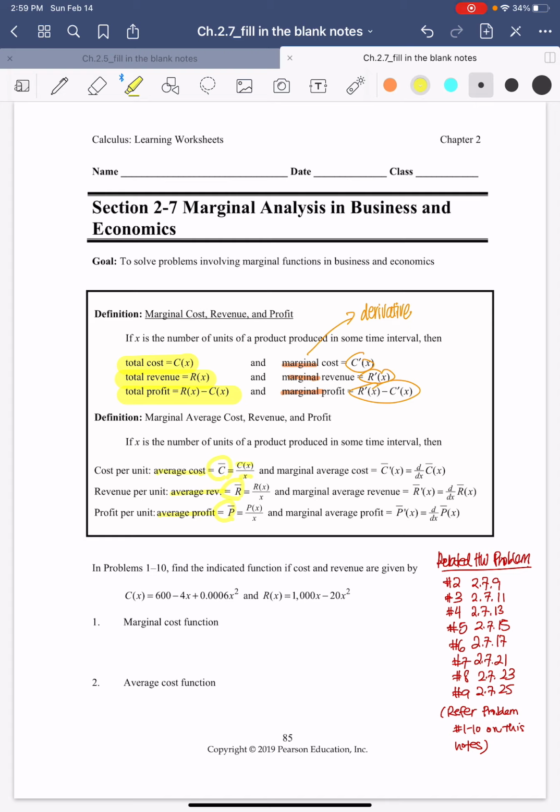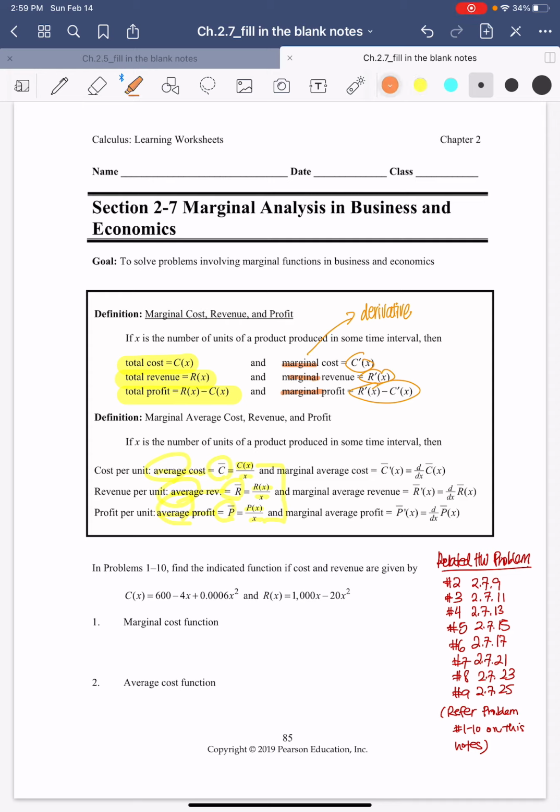Let's say I want to know the average exam score. You add up the total and divide by the number of exams. So you have C of x divided by x, total divided by the number of units, total profit divided by the number of units. So anything average involves a fractional part.